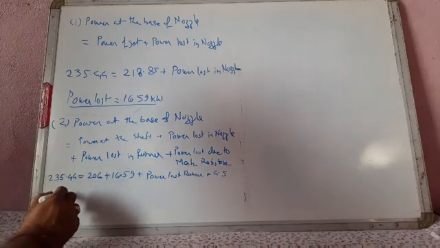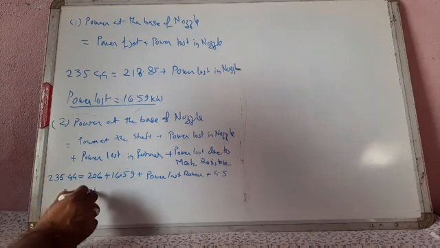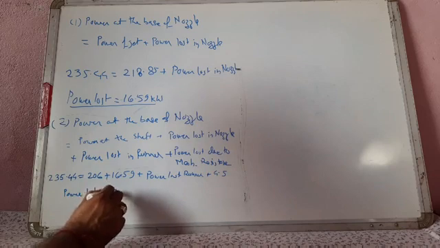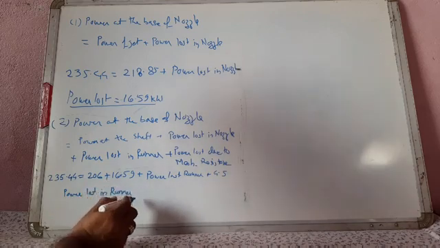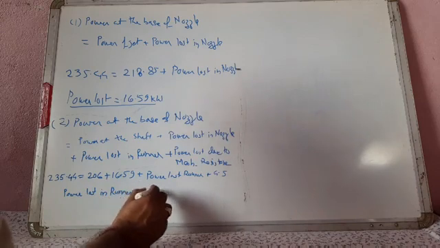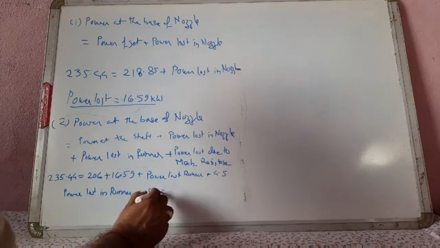So the power lost in runner comes 8.35 kilowatt.